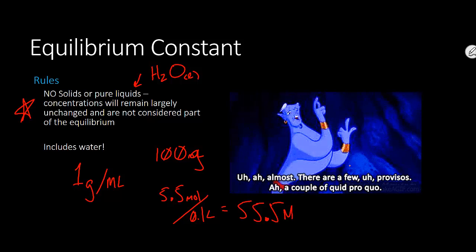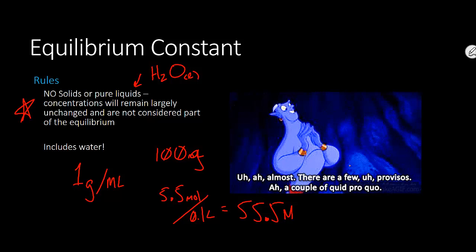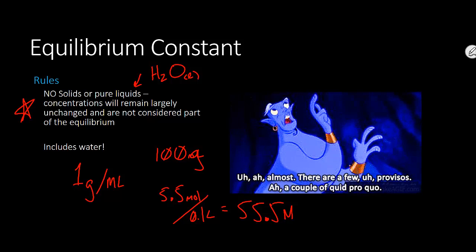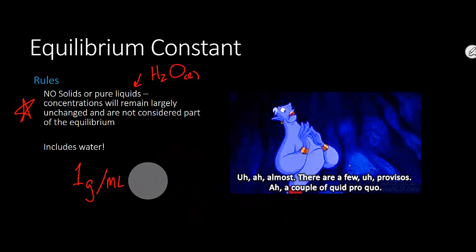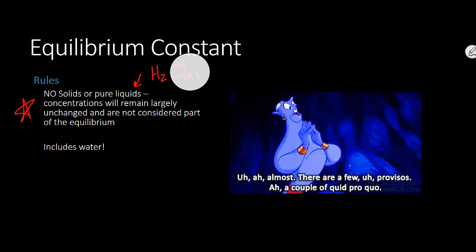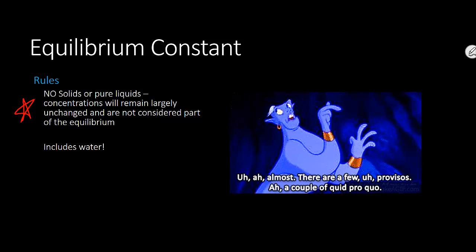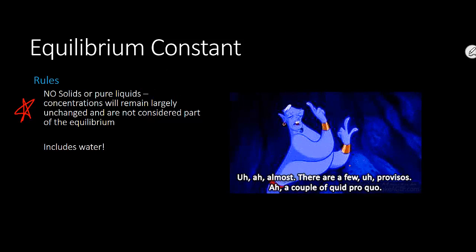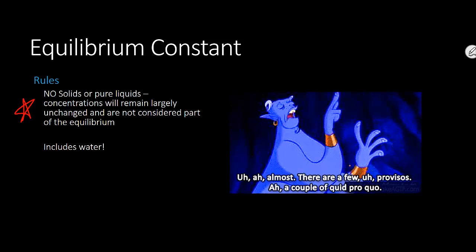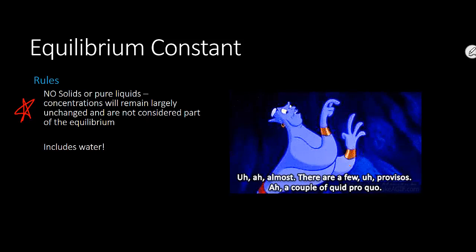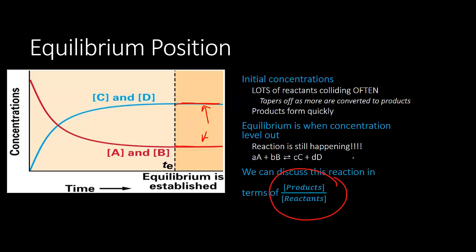And 55 molar is massively concentrated. It's not going to change in one direction or another when we carry out a reaction. It might change by 0.1, but what is 0.1 out of 55? It's negligible. So when we talk about equilibrium, we're looking at changes in concentration as the reaction occurs.